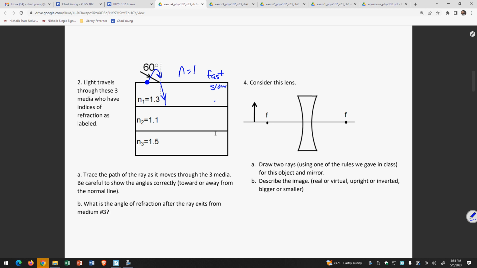Here now, it's moving from slow to a lower index, which is fast, so it's going to move away from the normal, like that. Then it's going to bend towards the normal because it's moving into a slower medium, and then away from the normal. It's going to end up moving in the same direction as it started. We saw that in lab too, by the way, with the glass slab. Your two rays were parallel with one another. They were just offset from one another.